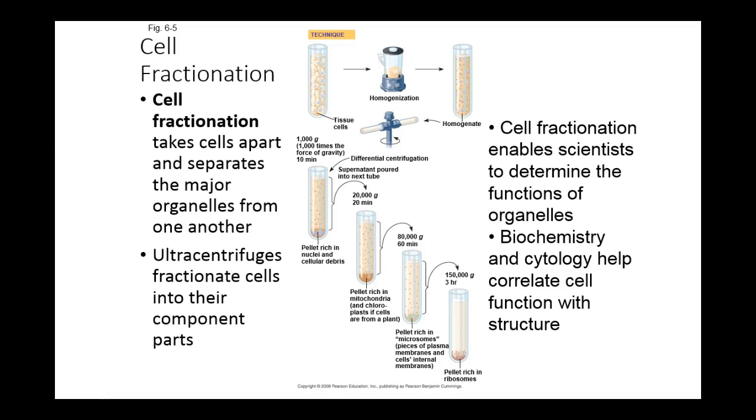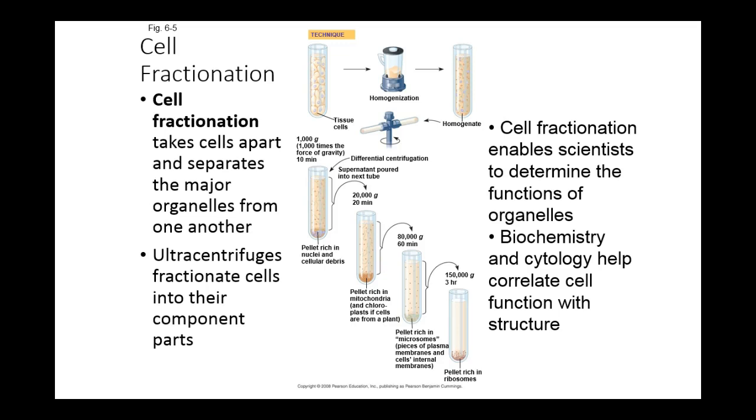And what happens is we'll put cells in a centrifuge. So you'll homogenize them, so kind of like what you think is take the tissue, homogenize it, put it in a blender is what you can think about. And then you're breaking it all apart. So you're breaking the cell membrane apart.